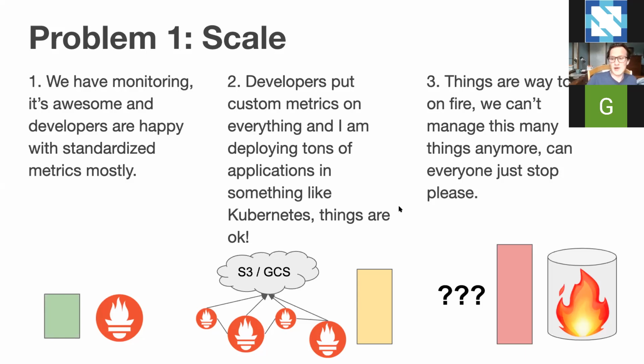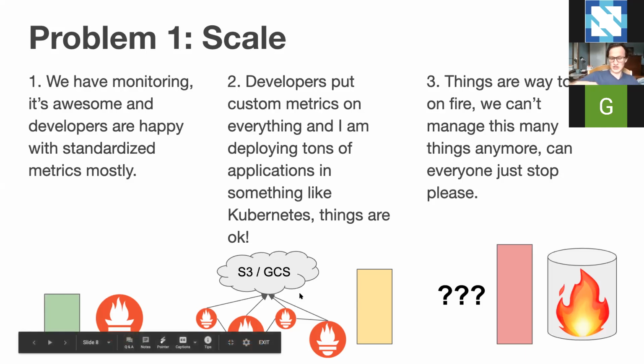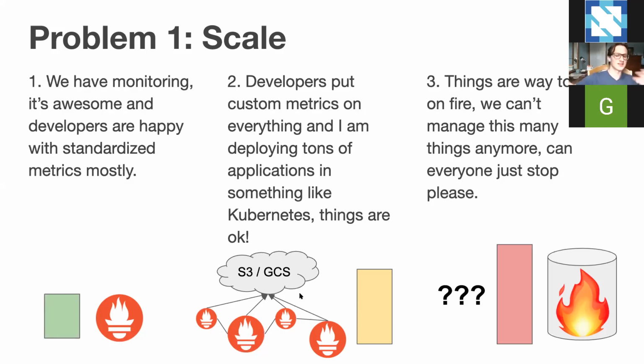So in this third bucket, the question is, all right, trying to maintain this sharded Prometheus infrastructure with these other open source tools that we've pieced together, it's a nightmare. Is there a solution that can give us some sort of sustainable solution to the indefinite scaling problem?